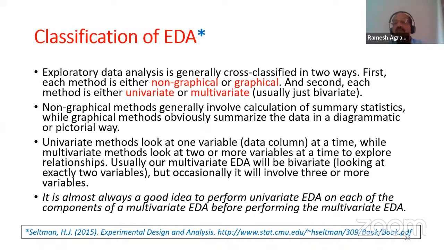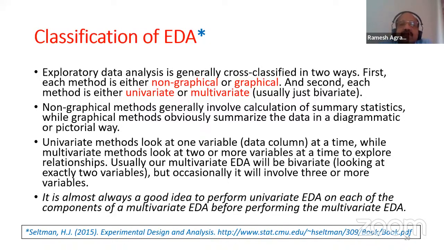So let us see how EDA can be further categorized. In general, the methods you use for EDA can be either non-graphical or graphical. This is one way by which you categorize the methods used in exploratory data analysis.